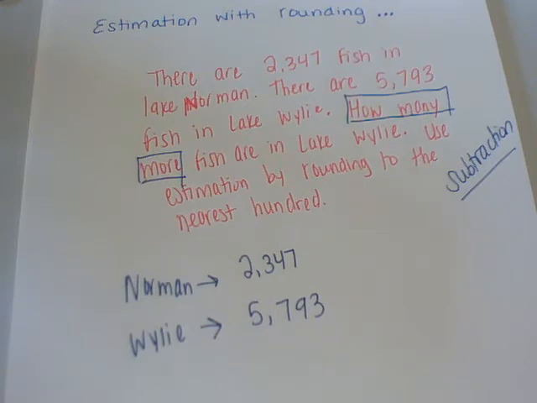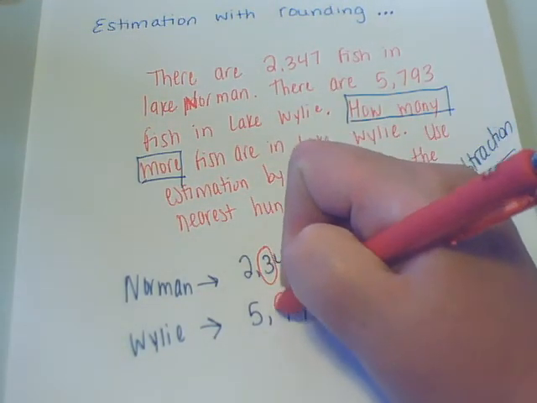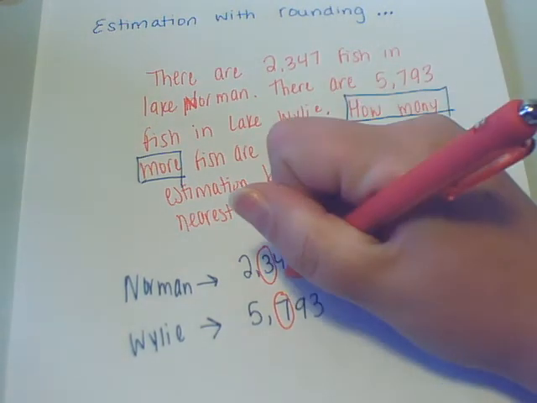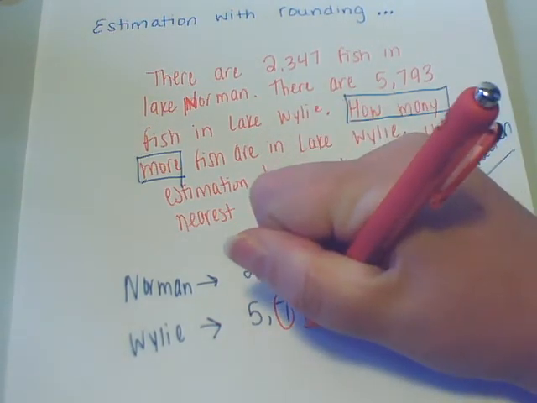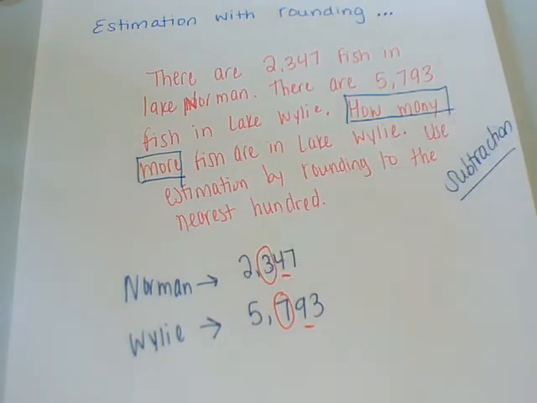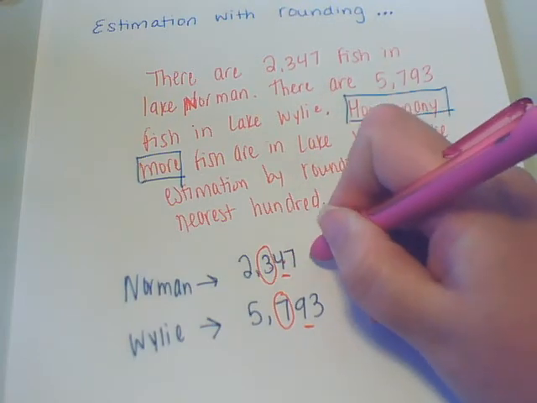Okay? If I am rounding them to the nearest 100, these digits are in my hundreds place value. I have to look to the digit to the right of it. Does that 4 tell that 3 to go up or to stay the same? That's right, it tells it to stay the same because it's not a 5 or higher.